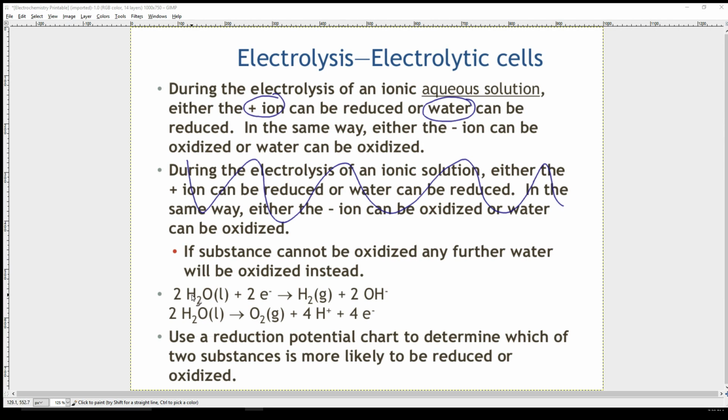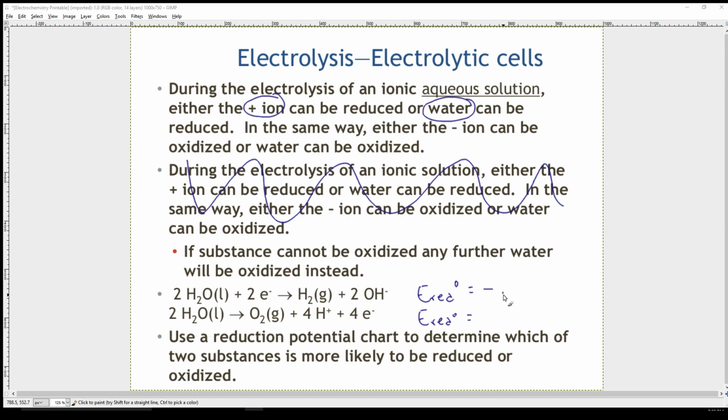All right, so we're going to compare these two reduction potentials to determine which one's more likely to be reduced or oxidized. So if you want, you could pause this and look on your chart for the reduction potentials yourself to practice looking those up. All right, if you're not looking it up on your own chart, here you go.